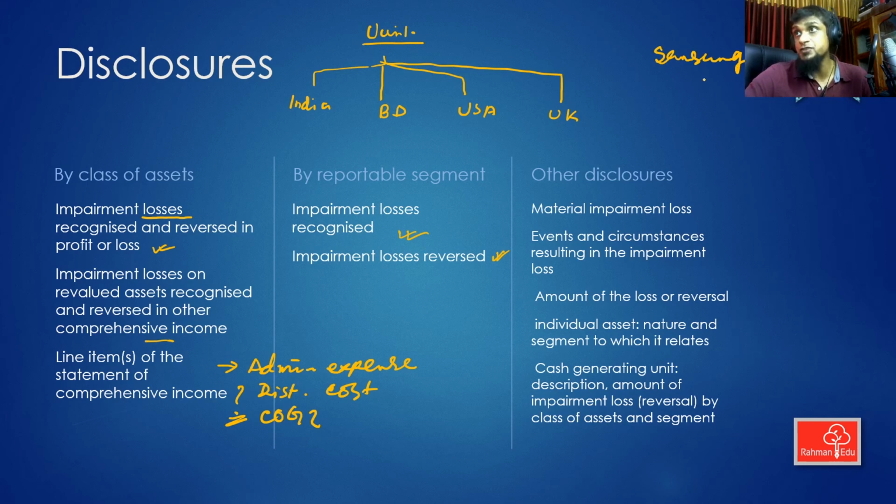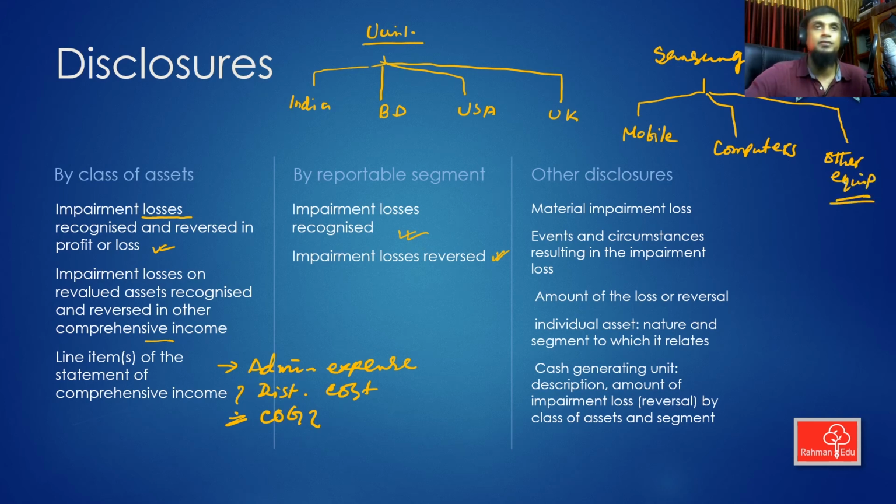It can have segments like mobile, computers, very big segments, right? Each of the segments is material, and they also produce household equipment and other equipment. They have many other businesses, not only the technological business, also financial businesses and others.